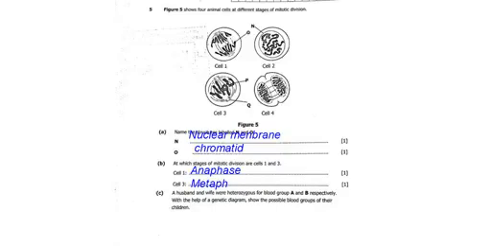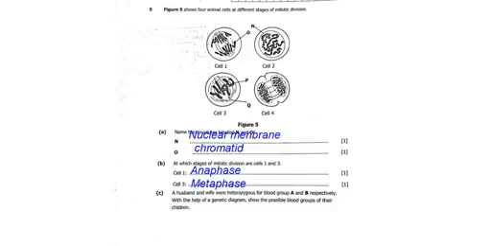So these are the answers for question B. Right, cell 1 is at anaphase stage, cell 3 is at metaphase stage. So I believe you have seen the answers for question A and B. Now let's move on to question C.